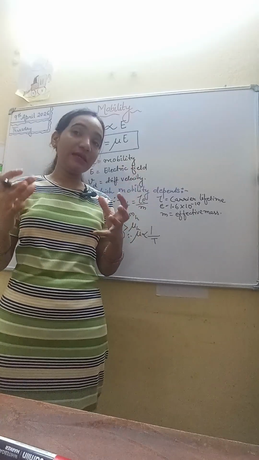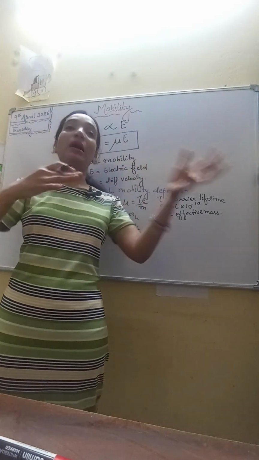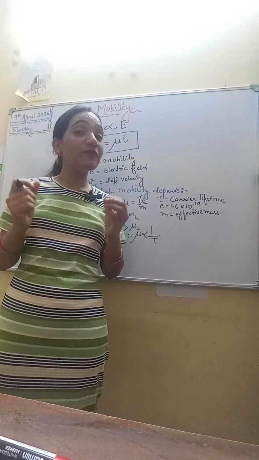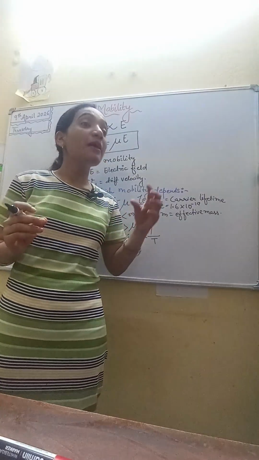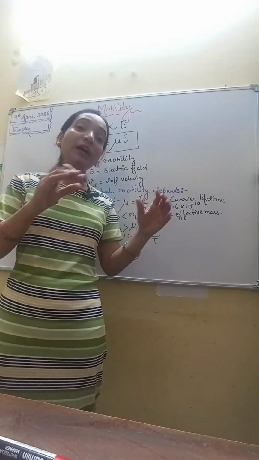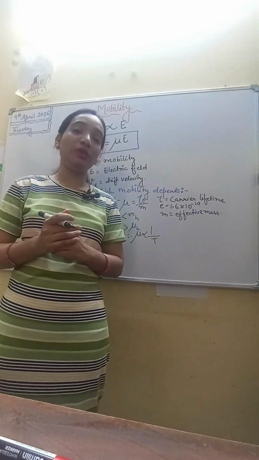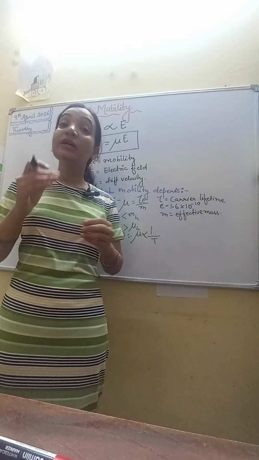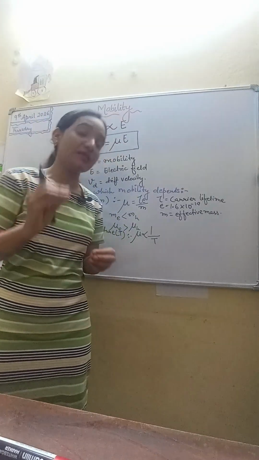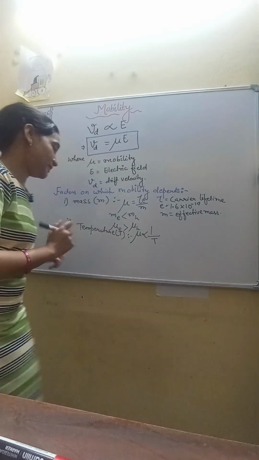The carriers present in that conductor will start vibrating too much, and the flow of the charge carrier, the flow of the current, will get hindered. It is creating disturbance to the flow of the current, which means it is creating resistance. That means the mobility is decreasing.